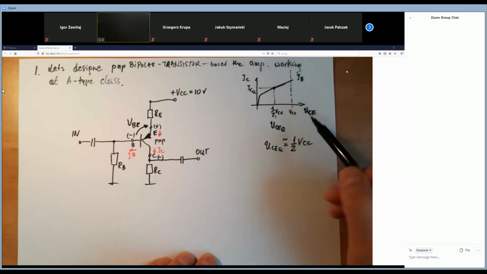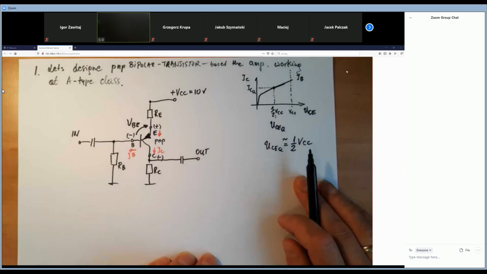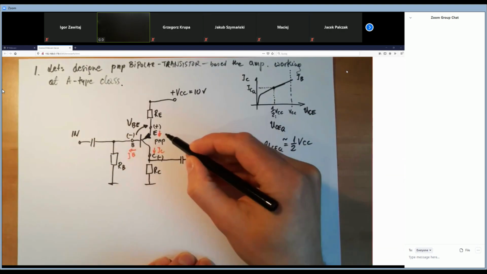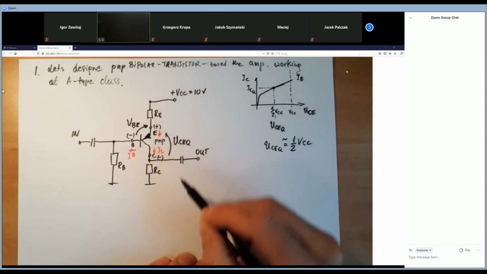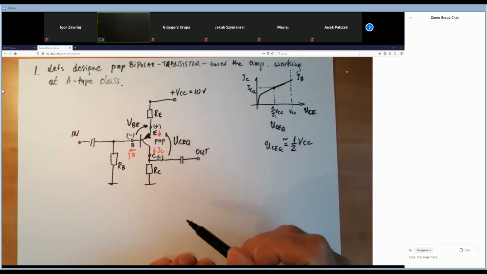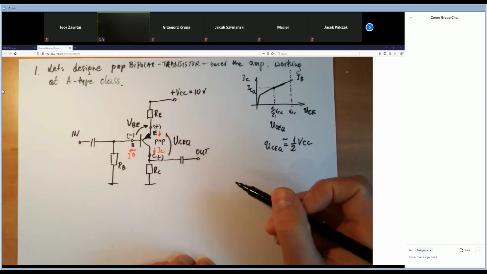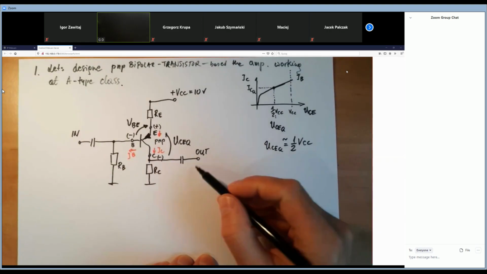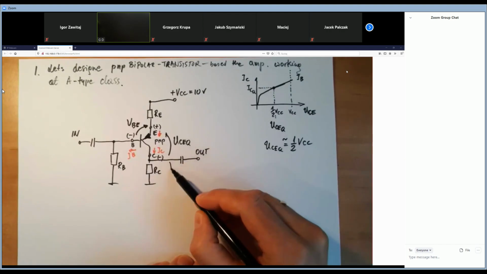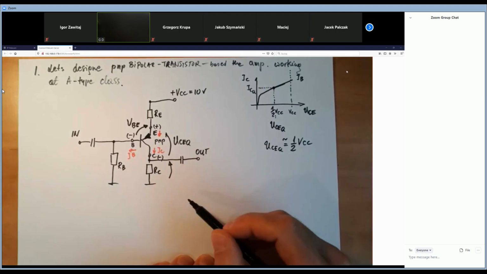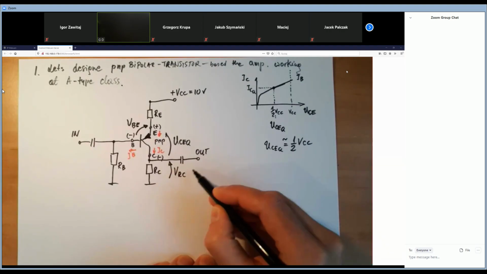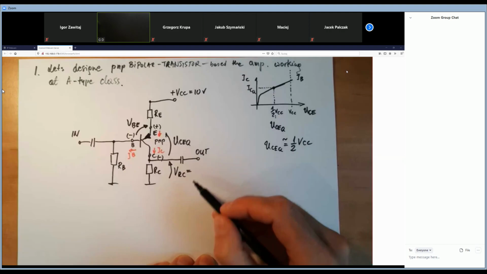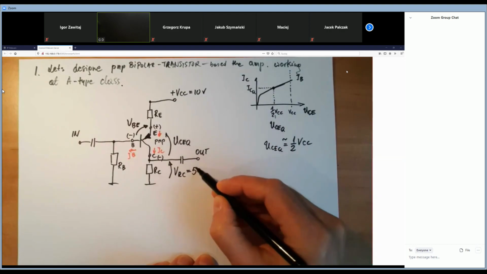So to get the A-type class, we know that the voltage drop UCEQ between the collector and emitter should be around half of VCC. So what about the voltage drop on the RC resistor? We have the output. Let's say the VRC, let's put it here, is 5 volts.